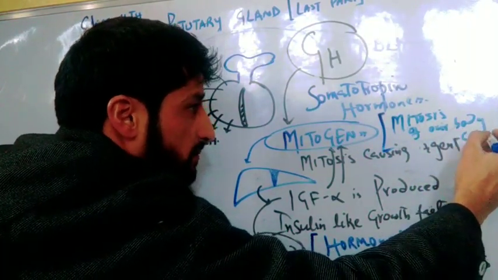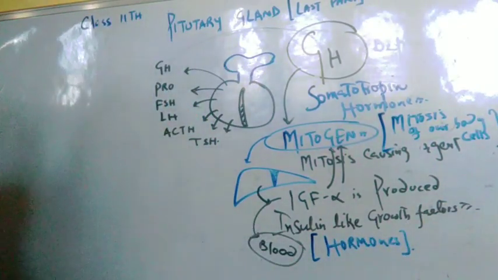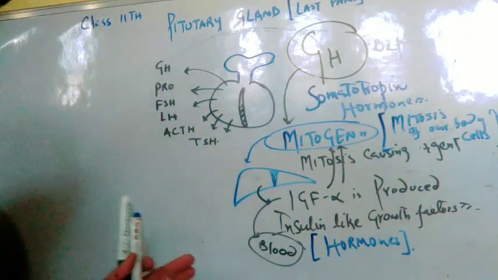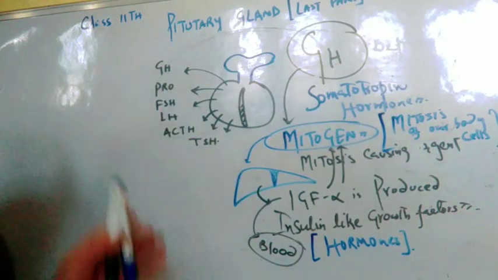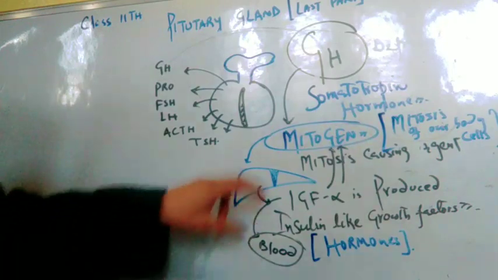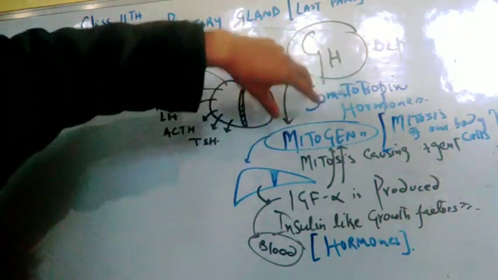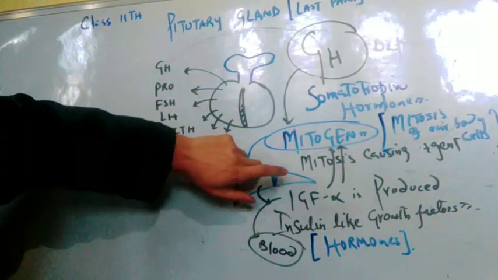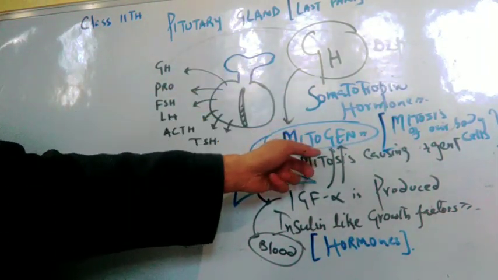Means cell number increases in our body. When cell number increases, obviously growth of the body occurs. Growth and development of the body occurs indirectly due to growth hormone. How? By stimulating the liver. And what does the liver do? Liver actually produces IGF, insulin-like growth factor.